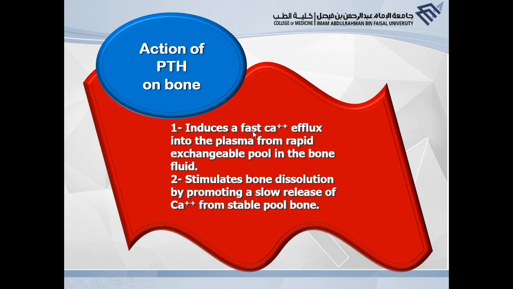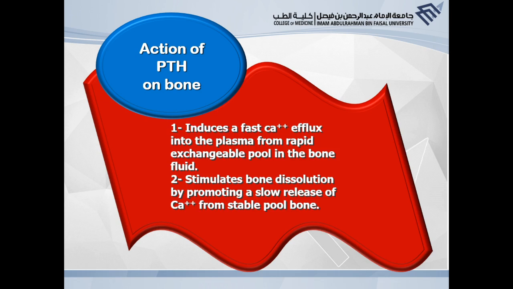In the fast exchange, the fast calcium efflux is the outward movement, the process by which calcium moves out of the bone quickly. It is the removal of calcium from the bone fluid, and we will see in the next slides what is meant by bone fluid. This is the rapid exchange.